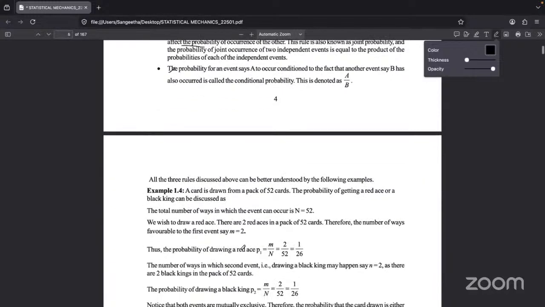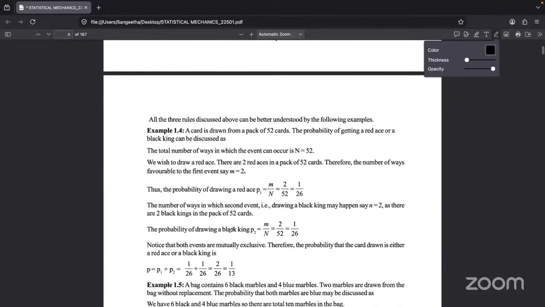Now we will see example 1.4. What is the question given? A pack of 52 cards. In that, we have to take either a red ace or a black king. So the total number of cards is 52. How many red aces do we have? 2 red aces out of 52, so the probability is 2/52.